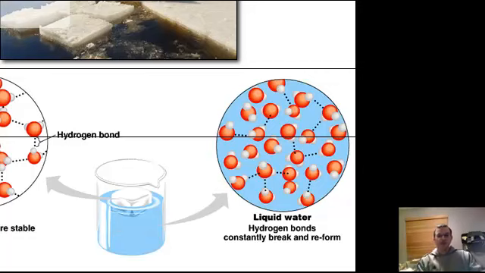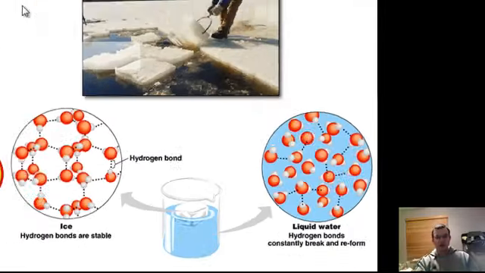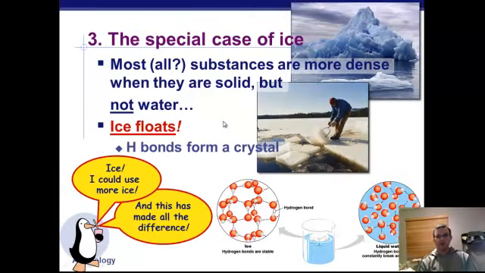In most cases, you don't get this. You get them actually to compact closer together, so you're decreasing the volume. In water's case, because of the way it forms those hydrogen bonds between each other, the volume increases when it changes to a solid.